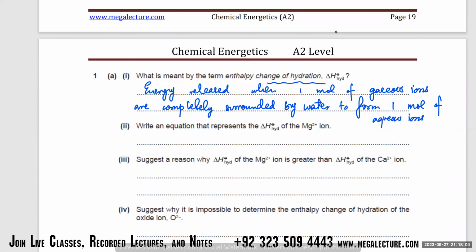So write an equation to represent the enthalpy of hydration of magnesium ions. So magnesium ions are gases, पानी में डाला, they're going to turn into aqueous ions. That's it.